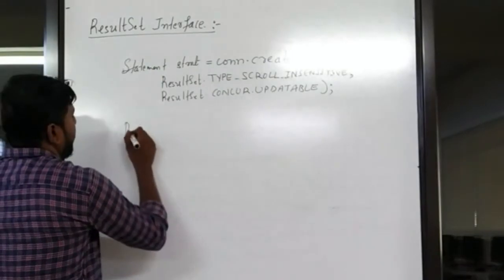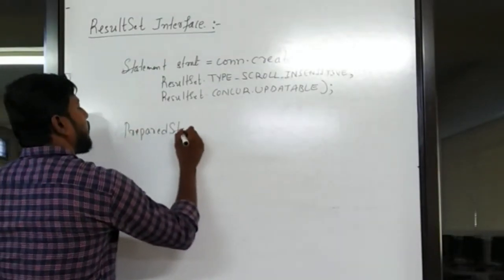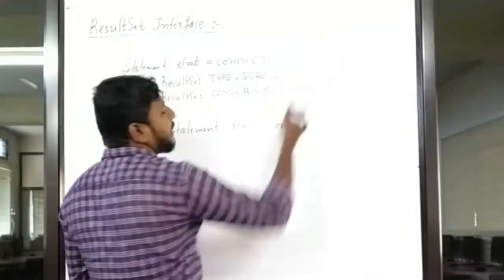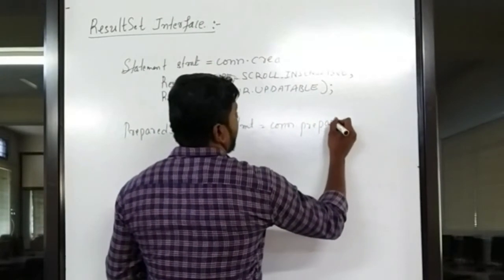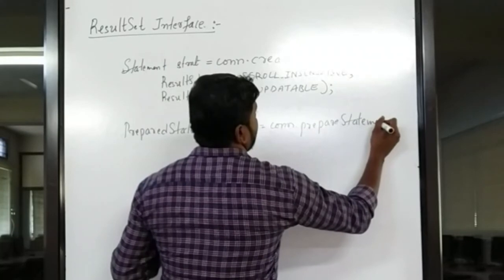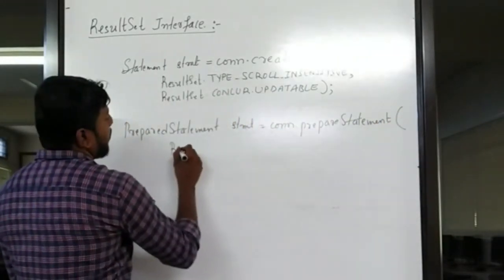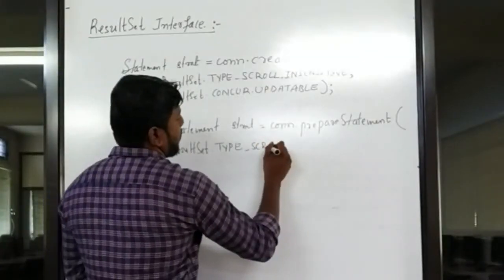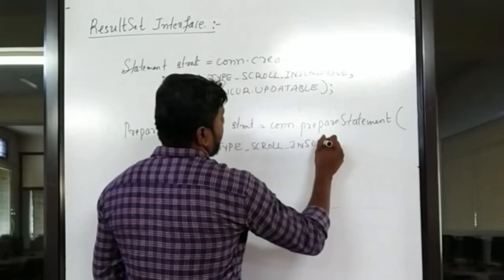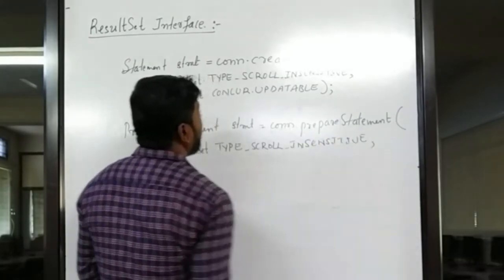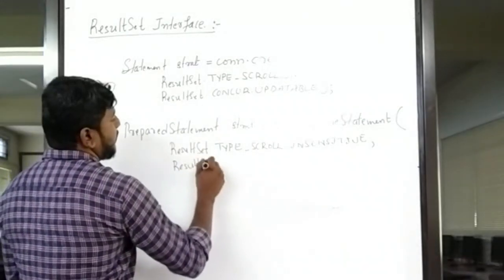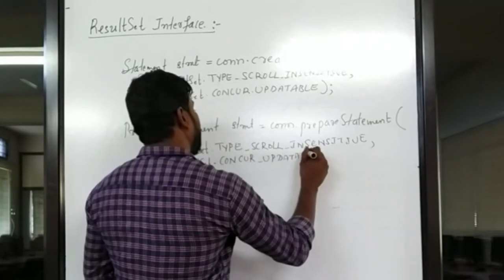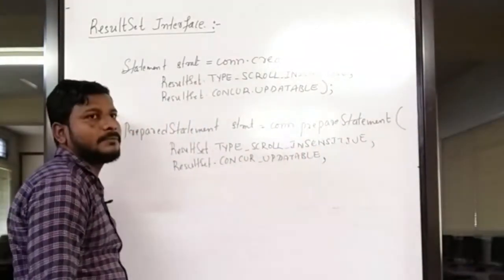So: PreparedStatement stmt = connection.prepareStatement, and in parentheses the first argument is the same thing, the type of result set you need, TYPE_SCROLL_INSENSITIVE, comma, next ResultSet.CONCUR_UPDATABLE, comma, next you should pass the query.